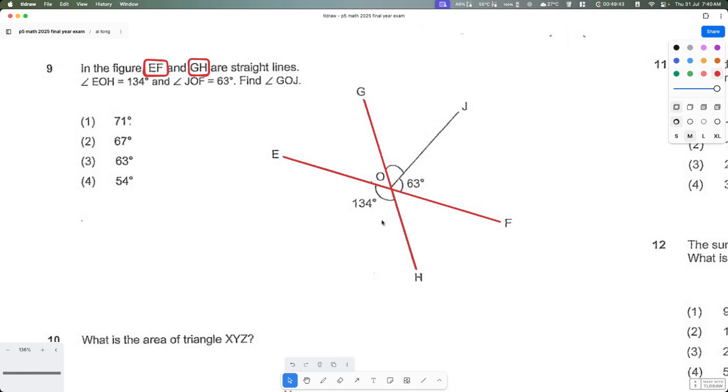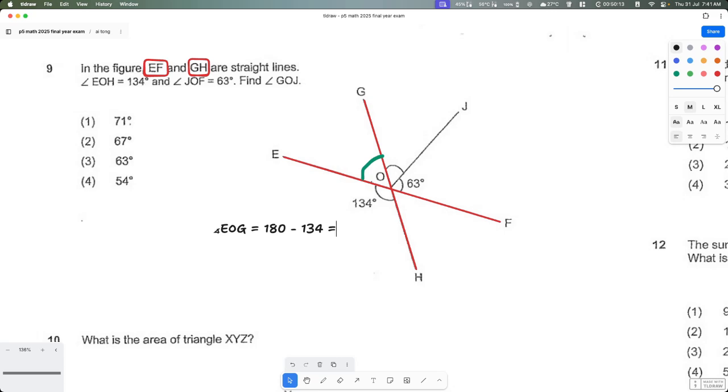Okay, so we first can actually find this. Let me get the green part here. So we can actually find this. Let me put in black. Angle EOG is equal to 180 minus 134.